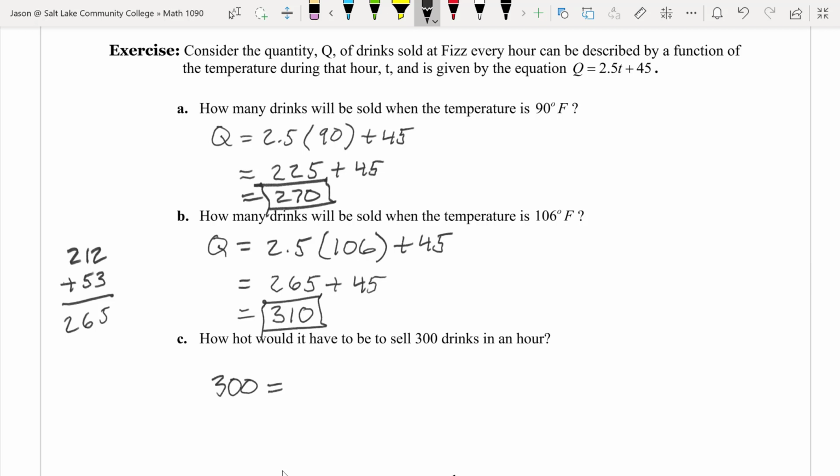So we want to set up this equation. 300 is equal to 2.5 T plus 45.